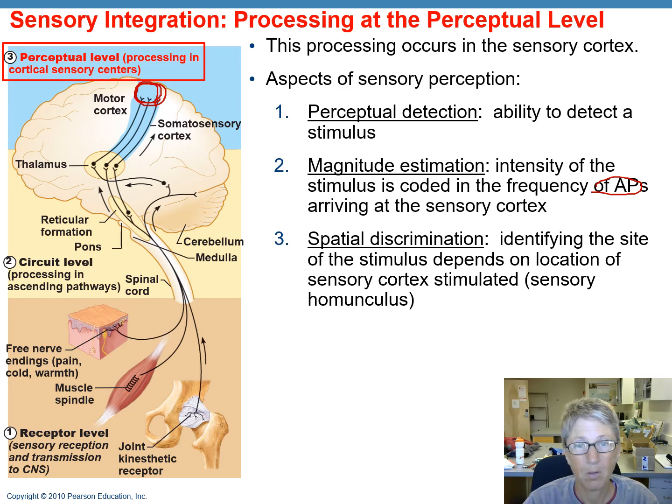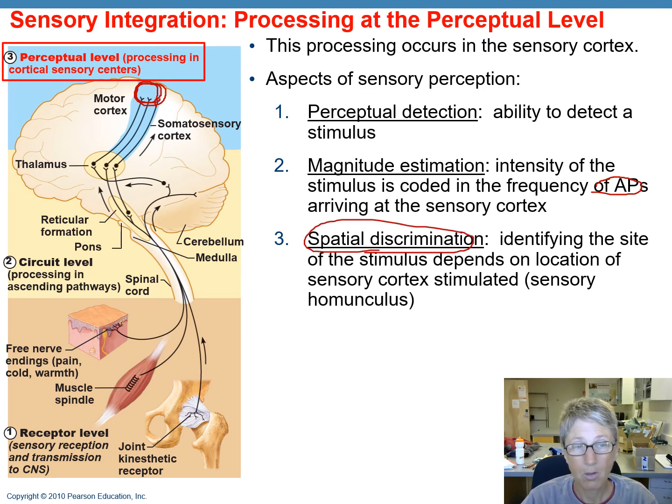So for example, if you cut your finger with a piece of glass versus if you cut your finger off, the magnitude of pain that would come from cutting your finger off would bring with it a higher frequency of action potentials. And then also the third aspect of sensory perception is spatial discrimination.